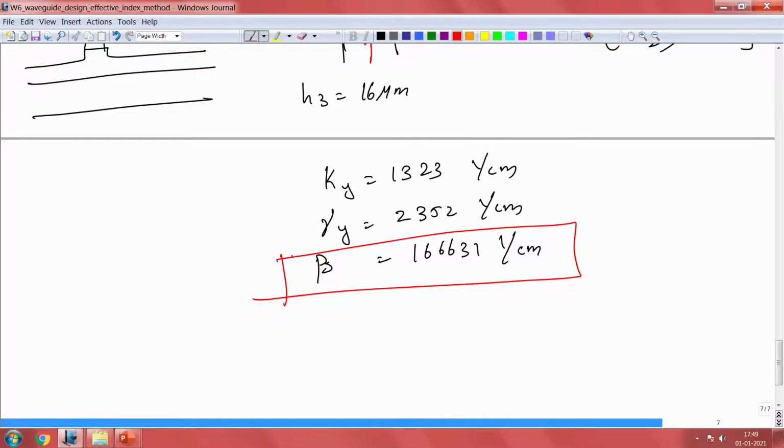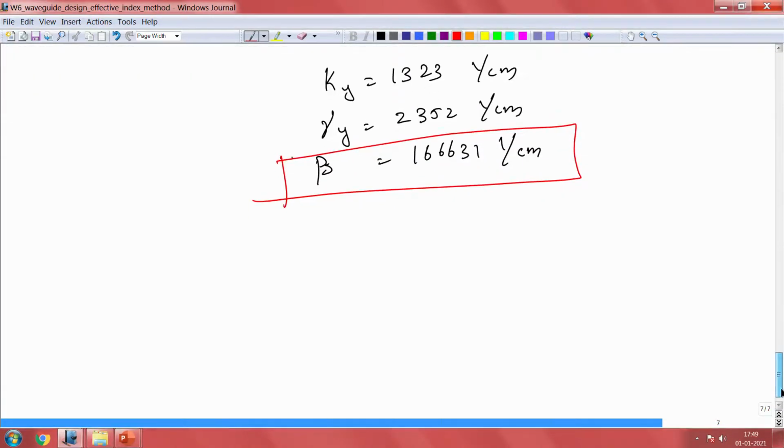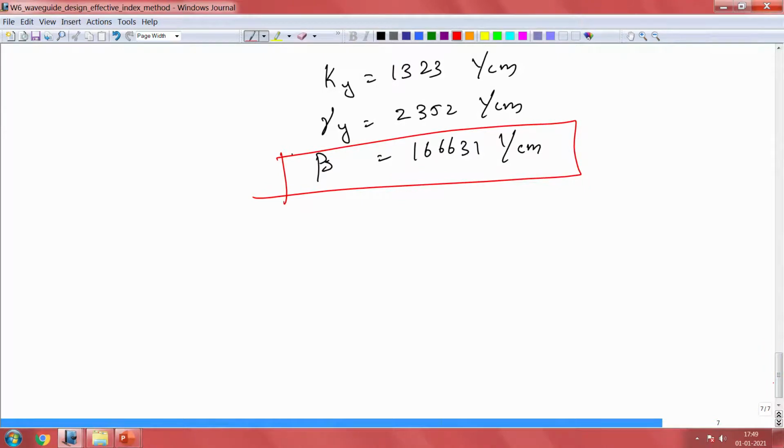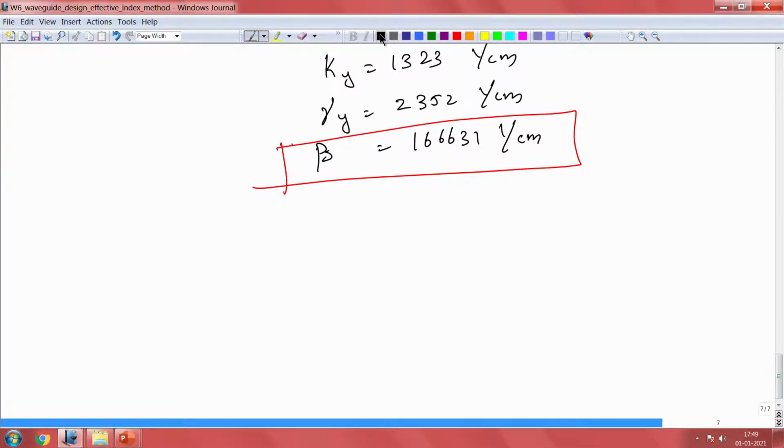And now we need not stop here, we have found the beta, right, but we can go ahead and also measure the field, right. So, we can actually plot how the field is going to look like, right, because we know the field equation, right. So, the field equation could be easily given for both x and y direction.